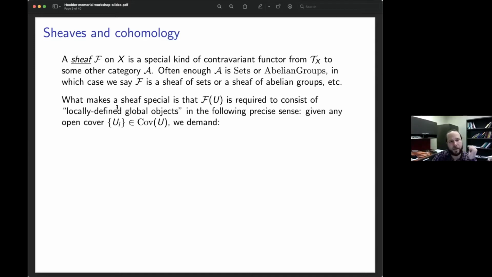Okay, and I said it's a special kind of contravariant functor. What makes it special is that you impose conditions on it that make it so that its value on any open set is in some sense required to consist of global objects, global on U, that are locally determined or locally defined.